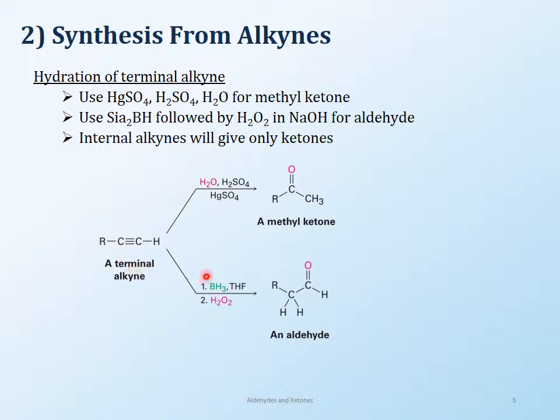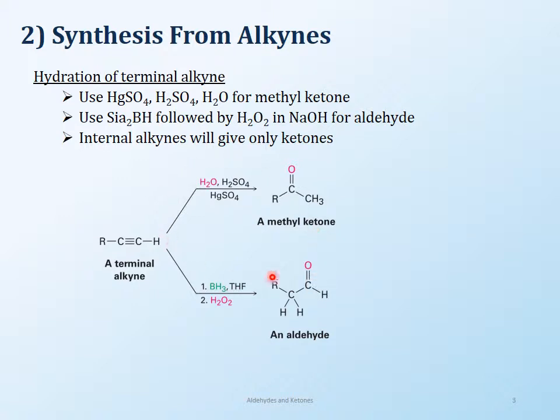If you use borane along with hydrogen peroxide, then you will get an aldehyde, which means now your carbonyl is going on the outer carbon or the terminal carbon. Okay, and so you get two different kinds of products depending on what kind of reagents you use. So mercury sulfate will give you internal groups, whereas hydroboration will give you an aldehyde or a terminal group.